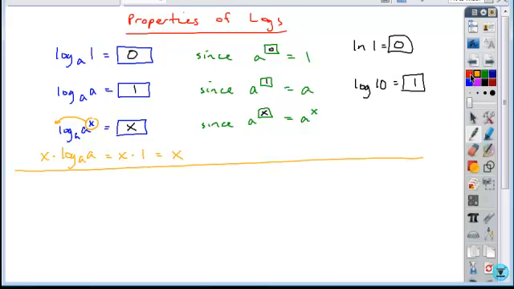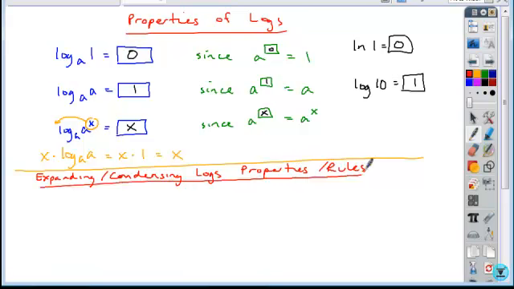All right, so everything that we're going to talk about here will be based on these properties along with the following expansion rules. Okay, so here are some other properties or rules for expanding and condensing logs.